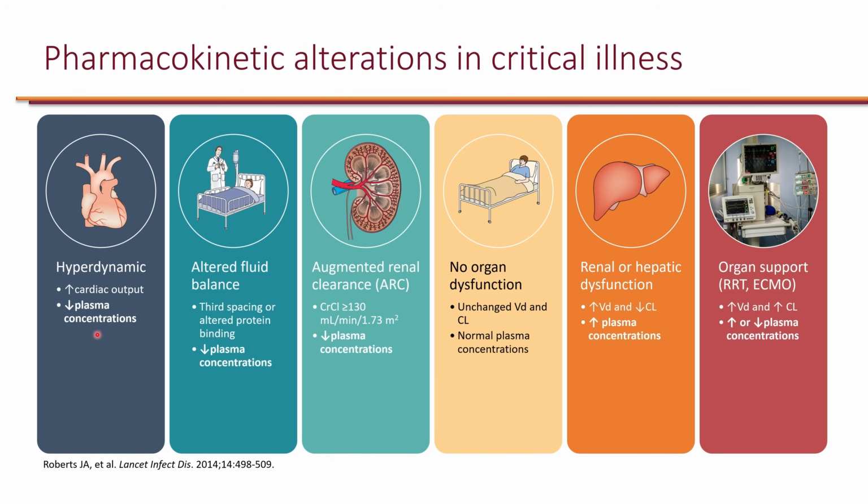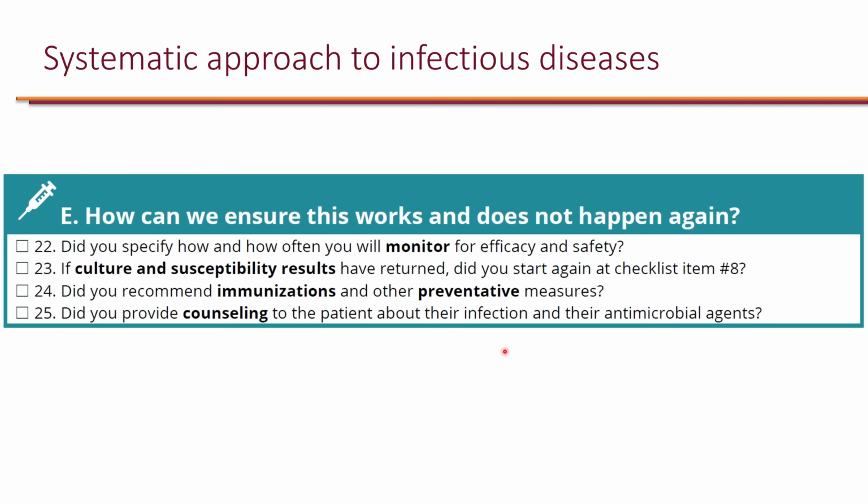When available, the best thing to do is to measure plasma concentration and see if it's decreased or increased, and make adjustments based on that. A good example is vancomycin, where we can get plasma concentrations, and based on the level, we decide whether we should increase the dose or decrease the dose or leave it untouched.